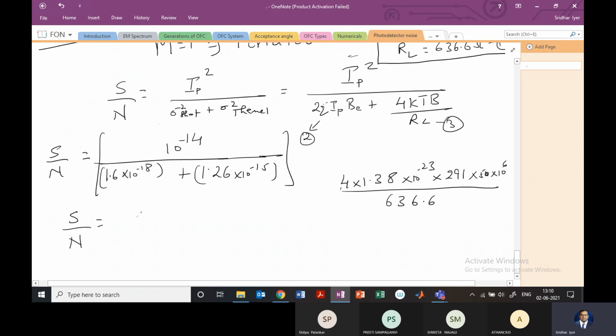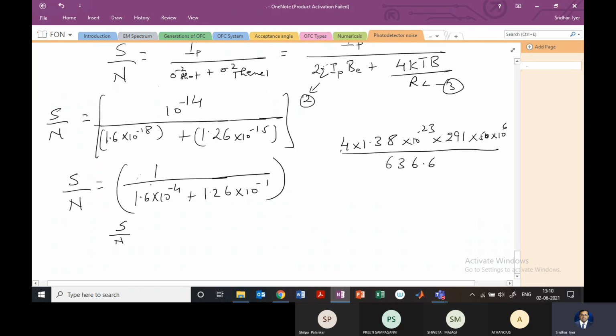If I cancel the 10 raised to minus 14, I'll get 1.6 into 10 raised to minus 4 plus 1.26 into 10 raised to minus 1. That's all. So around 7.9, yes sir.